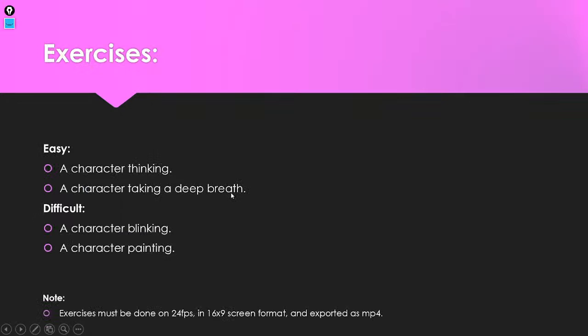The exercises for this week are going to be extremely subtle in the actions, because the importance here is that you convey the action through that character's lens. So the ones here are a character thinking and taking a deep breath, blinking, and one that's a little more expressive, because different characters will play it in different ways.